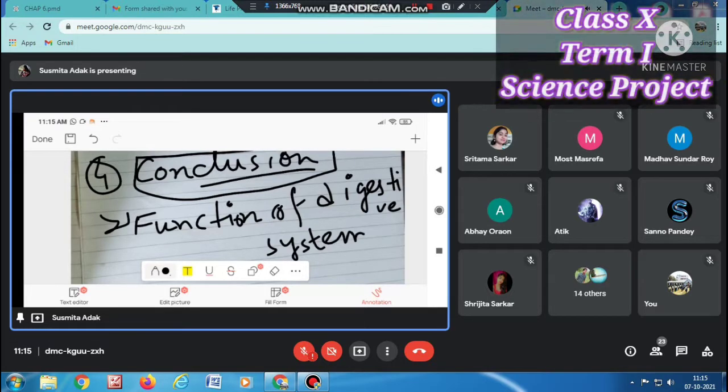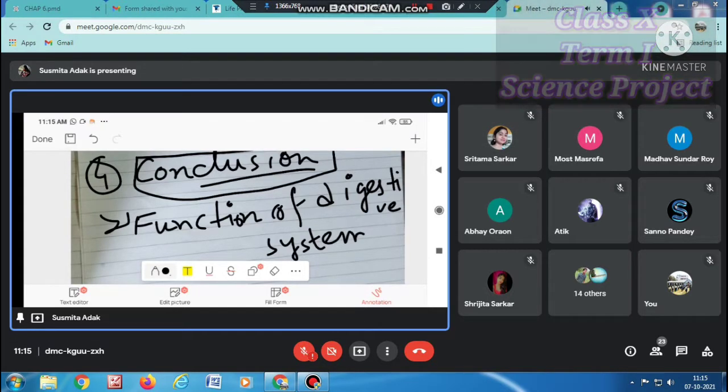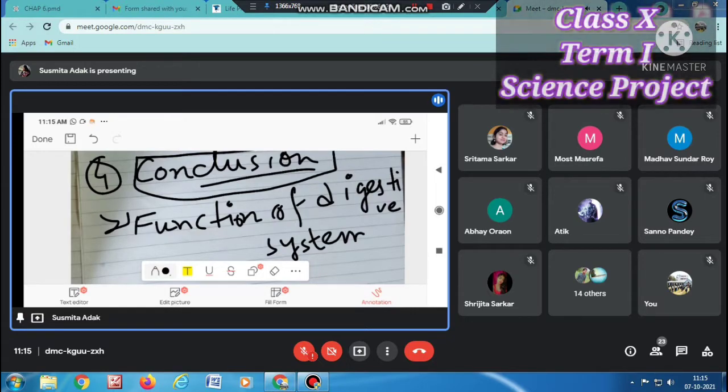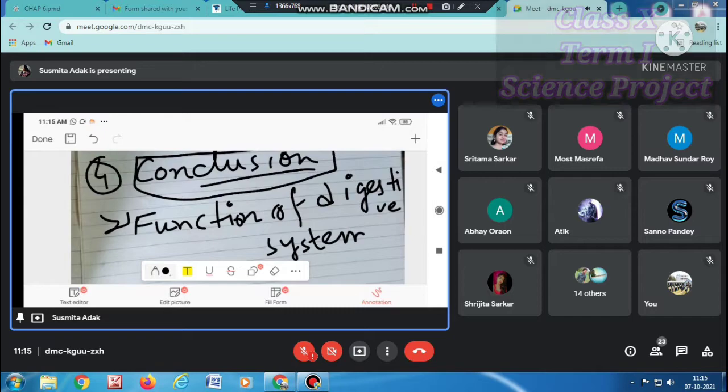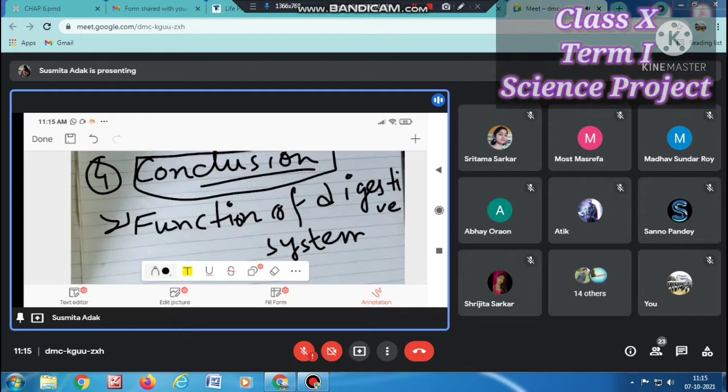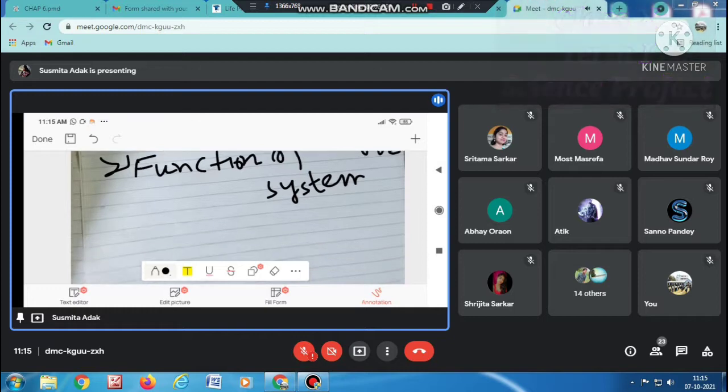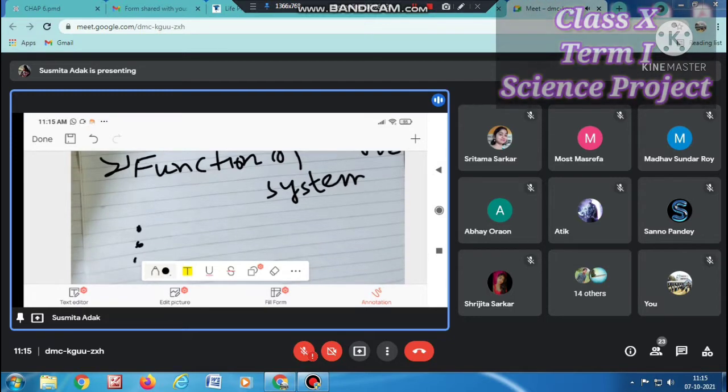You can write the conclusion and then the function of the digestive system, or just remove the conclusion, no need to write it, and directly write the function of the digestive system. Anyone you will choose. You will write the function of the digestive system by making points.